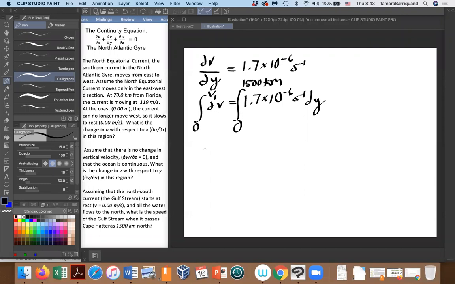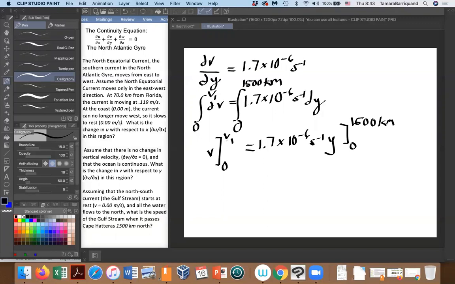All right, so if I integrate dv, I just get v, defined from 0 to v1. And on this side of the equation, I can pull my constant out in front of my integral sign. Integrating dy, I just get y. So I have my 1.7 times 10 to the minus 6 per second times y, where y is going to go from 0 to 1,500 kilometers.